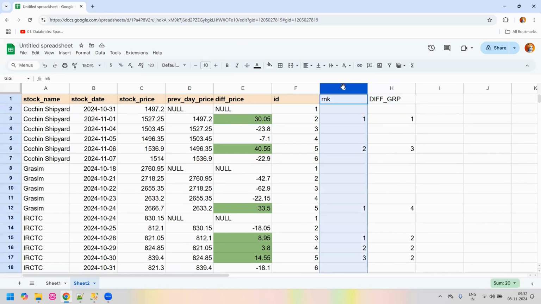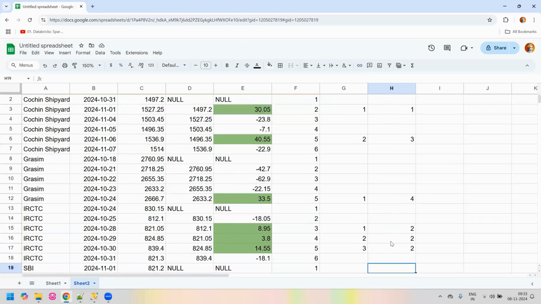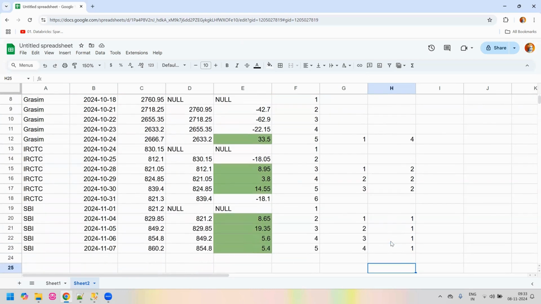So we simply have derived a new ranking column. We have added the ranking for a particular stock wherever the stock is in the increasing value. After that, we have computed the difference between the ID and this new rank column. And wherever the difference is consecutive for 3 or more entries, we will consider those entries as part of the output.